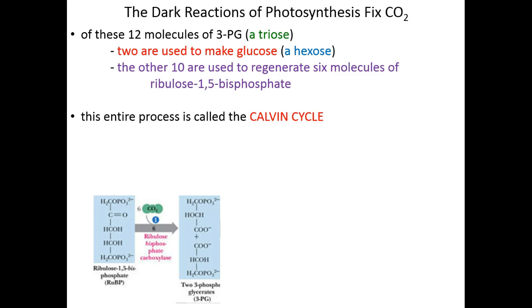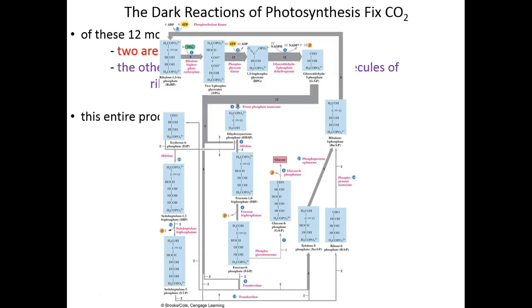So from a big picture, zoomed out, detail-free perspective, this is really all the Calvin cycle does. It takes 6 ribulose 1,5-bisphosphates, carboxylates all 6 of them with 6 carbon dioxides. Those break down to 12 3-PGs, 2 of which go off and make glucose, and the other 10 are used to regenerate the 6 ribulose 1,5-bisphosphates we started with.